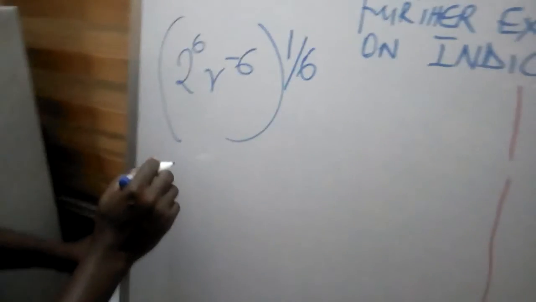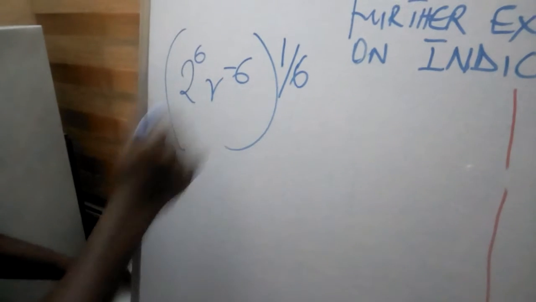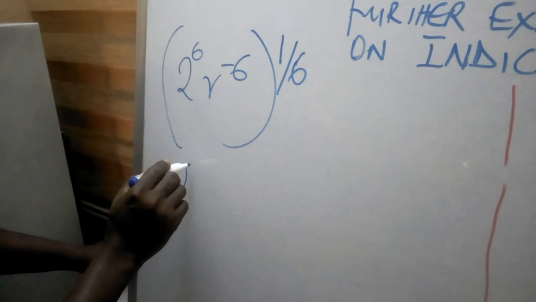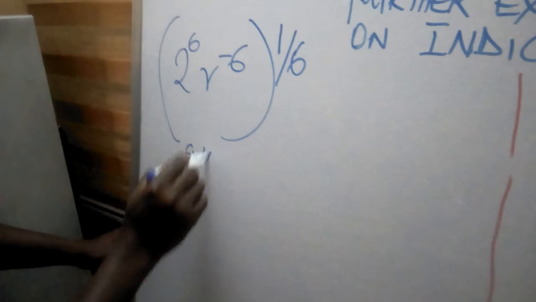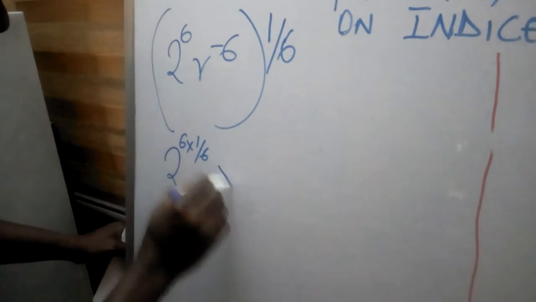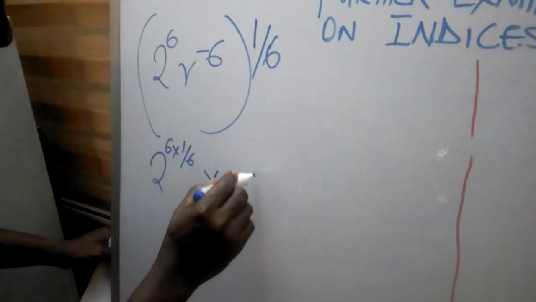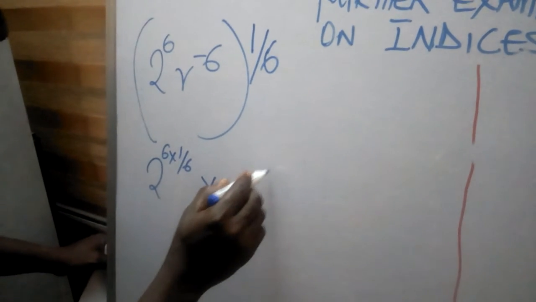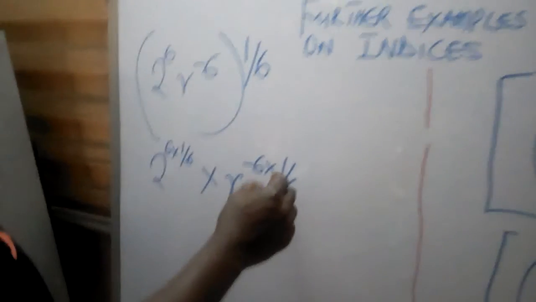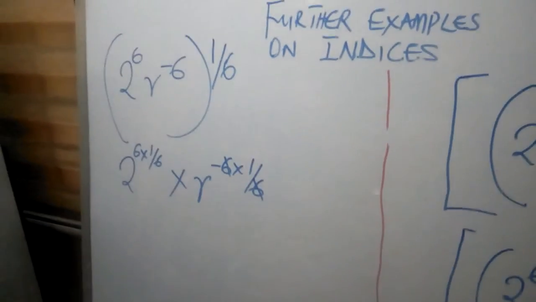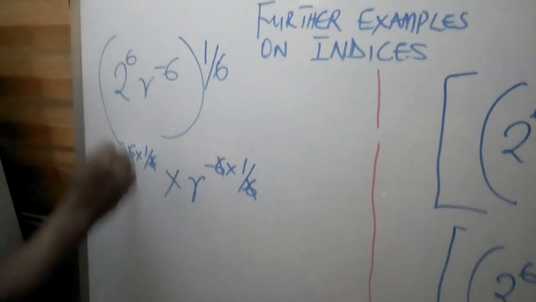So you now have 1 over 6 will now multiply 2 to the power of 6 times 1 over 6, multiplied by minus 6 multiplied by 1 over 6. 6 will cancel out 6. 6 will cancel out 6.